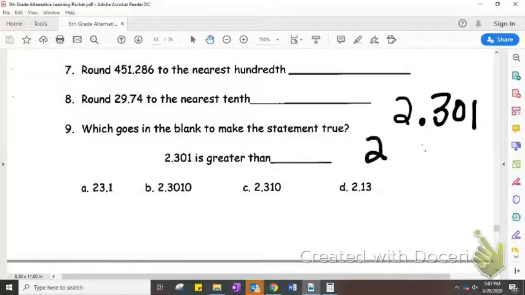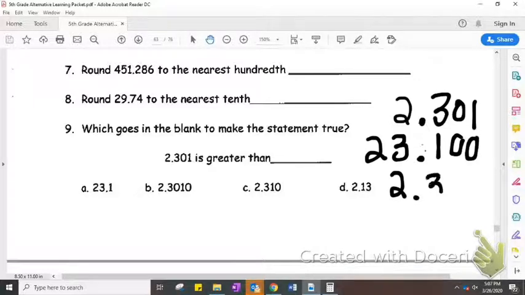The next one is 23 and 1 tenth, so I can add zeros in the hundredths and thousandths place there. All right, B says 2 and 3,010 ten thousandths. So I'm going to put the 3 in the tenths place, 0 in the hundredths place, 1 in the thousandths place, and 0 in the 10 thousandths place. Oops. It's supposed to be a 0.